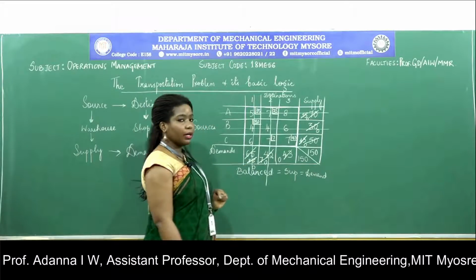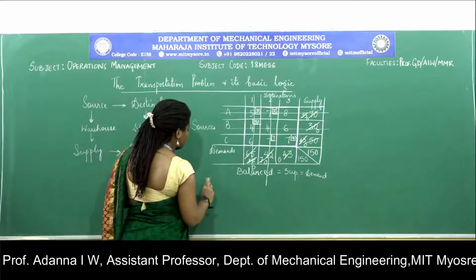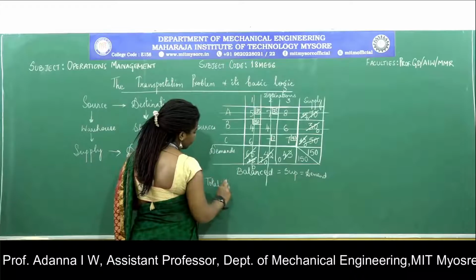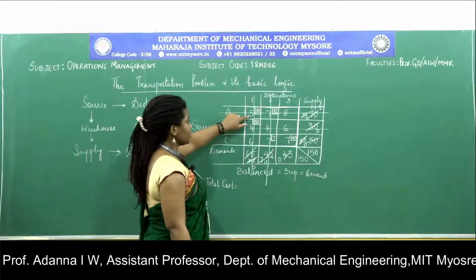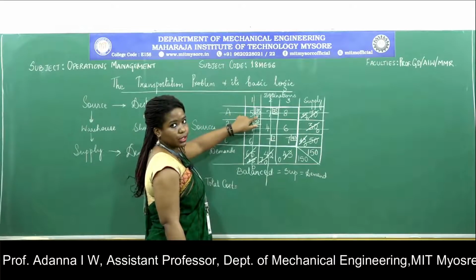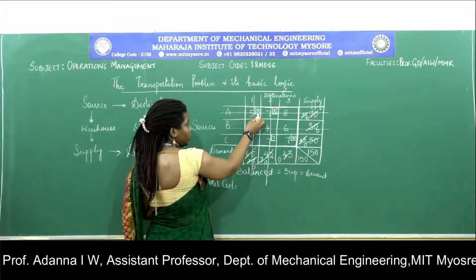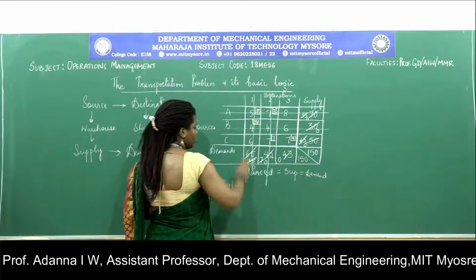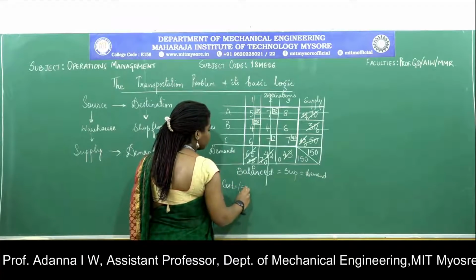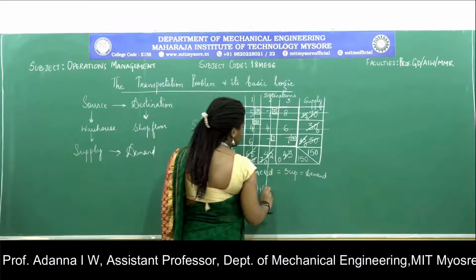Okay. So how do you find out the total cost of this? The total cost is equal to the cost in each cell multiplied by the number of units allocated to that cell. I have allocated 35 units to a cell which costs 5 rupees per unit. So 5 into 35 plus 7 into 35.